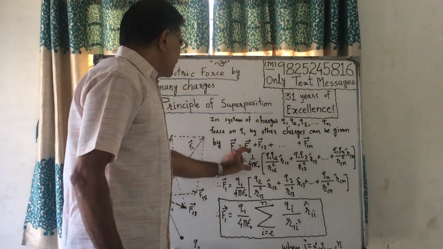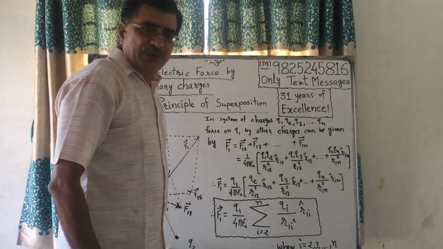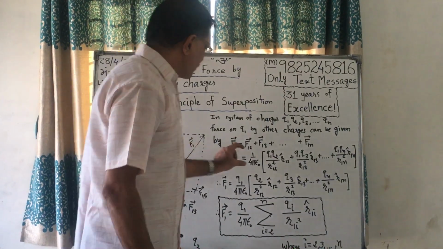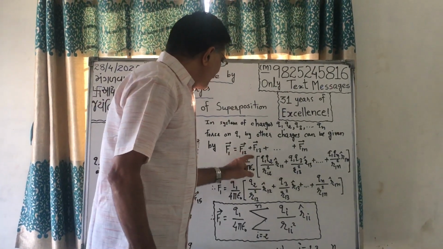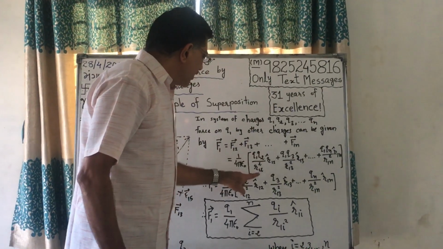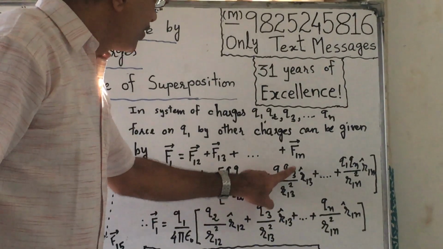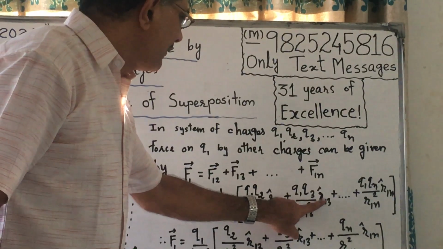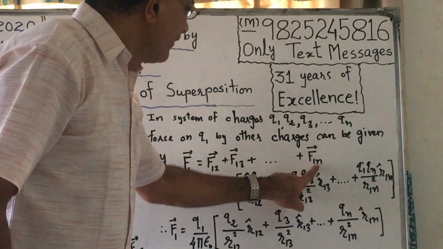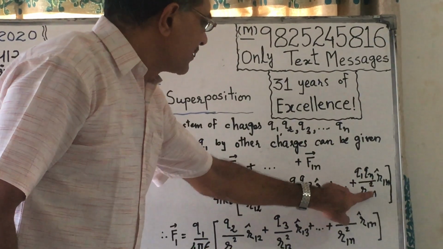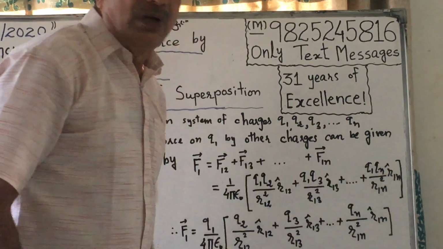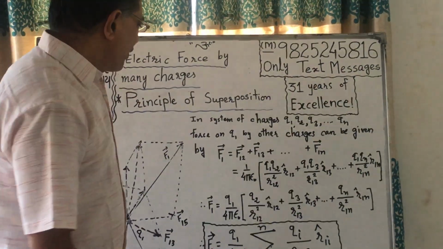But this 1 upon 4 pi epsilon naught is common in all the forces, so it is taken out of the bracket. So F12 is Q1 Q2 upon R12 square into R12 cap. F13 is Q1 Q3 upon R13 square into R13 cap, plus and so on up to Q1 Qn upon R1n square into R1n cap.